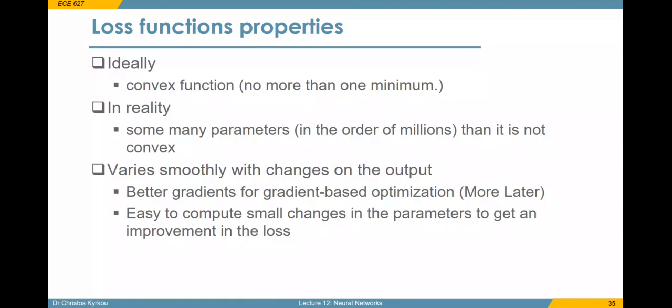So we would ideally also want it to vary smoothly as we change the weights. So we want an easy way to change the weights, and that to in turn cause an improvement in the loss function. We'll see more regarding this in the next few slides.